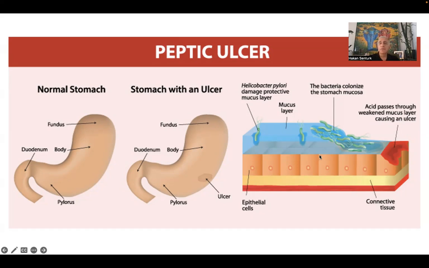But this mucus layer may be damaged by the presence of Helicobacter pylori, by the consumption of non-steroidal anti-inflammatory drugs, and even by aspirin. In this case, you see that the inner wall of the stomach is prone to be damaged by acid. And in this case, back diffusion would cause an ulcer.